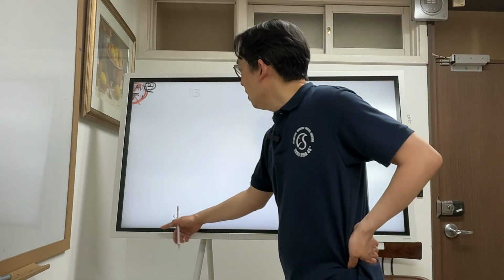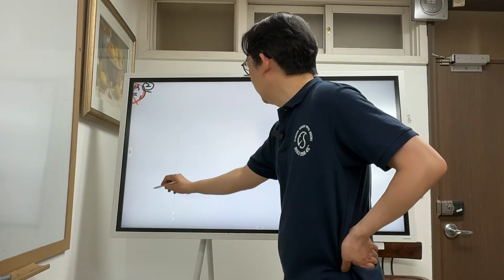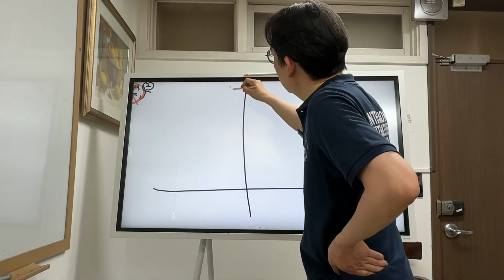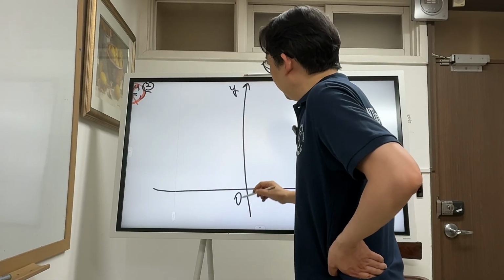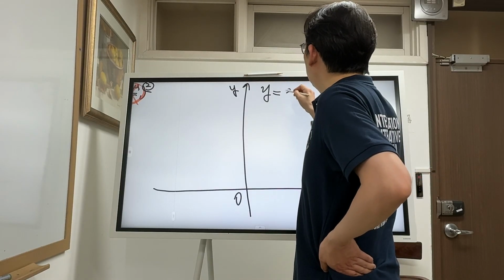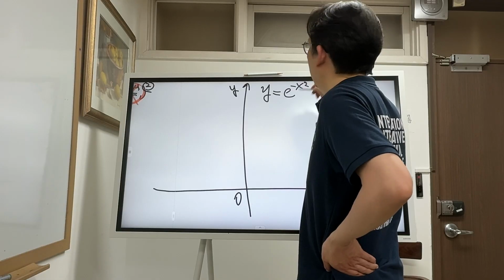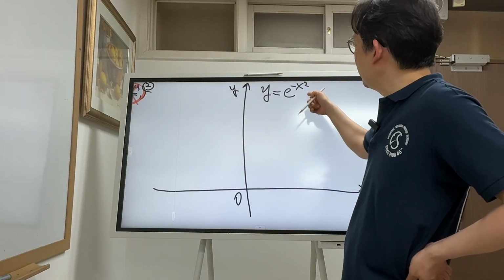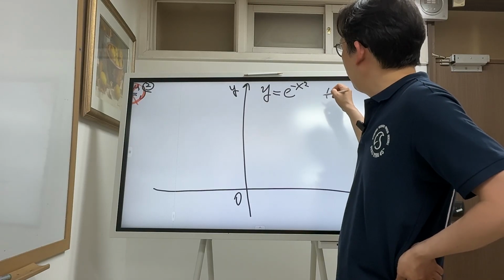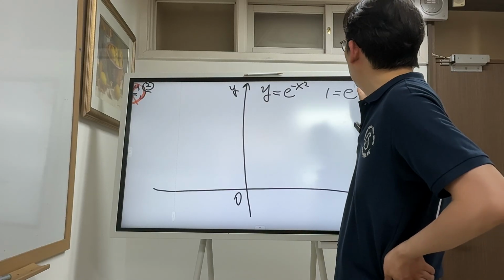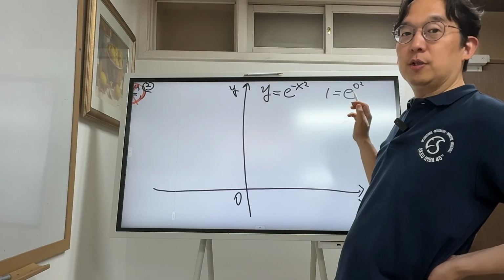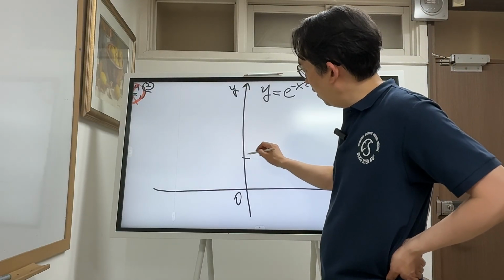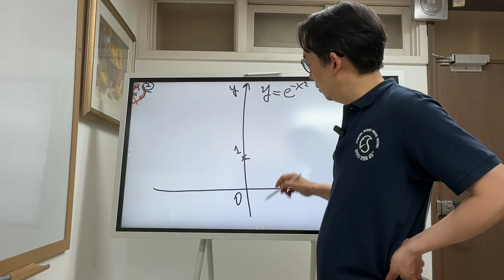Well, draw the x-axis and y-axis, and 0, and y equals e to the power of negative x squared. When x is equal to 0, it's going to be 1, because that's e to the power of 0 squared, which is 0. So it's going to go through 1.